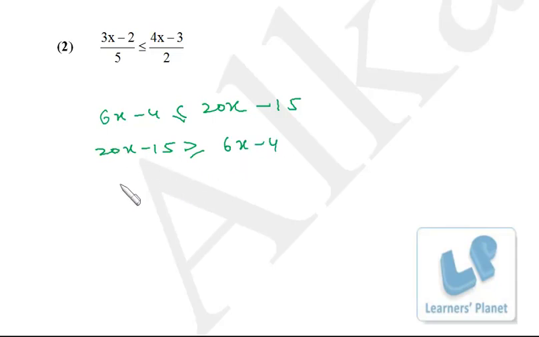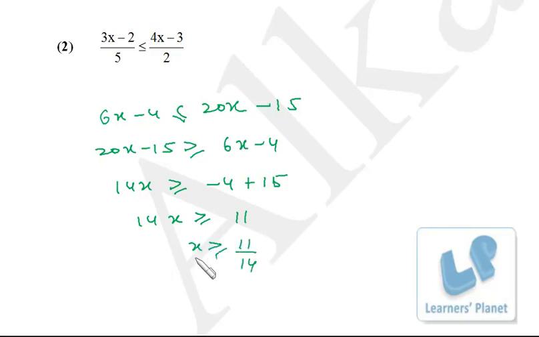Take 6x this side. 14x is greater than equal to minus 4 plus 15. So 14x is greater than equal to 11. That means x is greater than equal to 11 by 14, or you can say x belongs to 11 by 14 to infinity. Okay, equal to sign is there, that's why we'll use the square bracket.